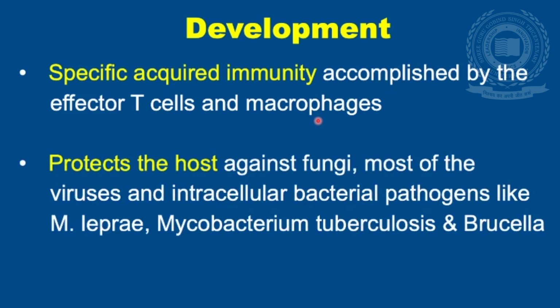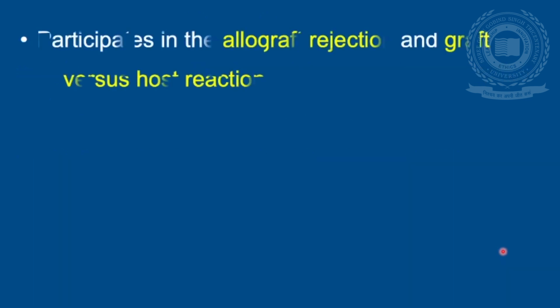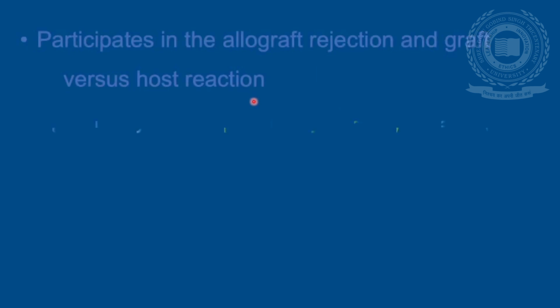The role of cellular immunity is that it protects the host against fungi, most of the viruses, and intracellular bacterial pathogens like Mycobacterium leprae, Mycobacterium tuberculosis, and Brucella. It participates in allograft rejection and graft versus host reaction.